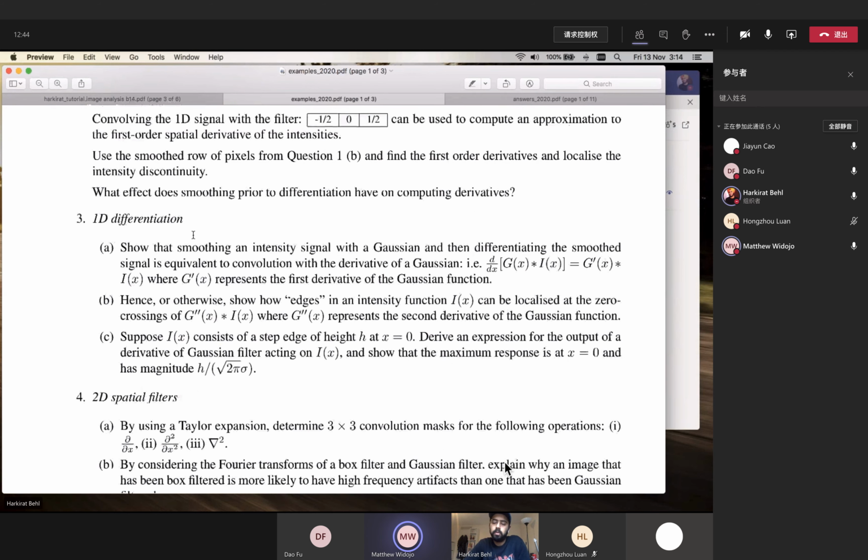This convolution can be written as an integral, and the derivative of an integral is equal to the integral of the derivative. Basically, you can take the derivative inside the integral. The reason is that an integral can be thought of as a summation. Let's have a look at the answer.